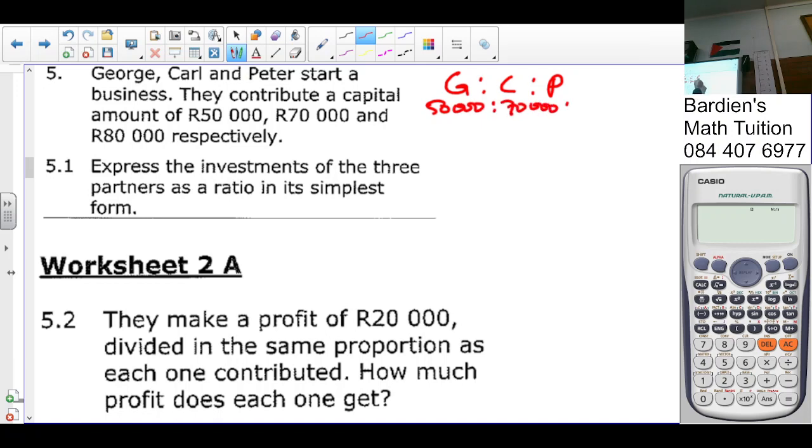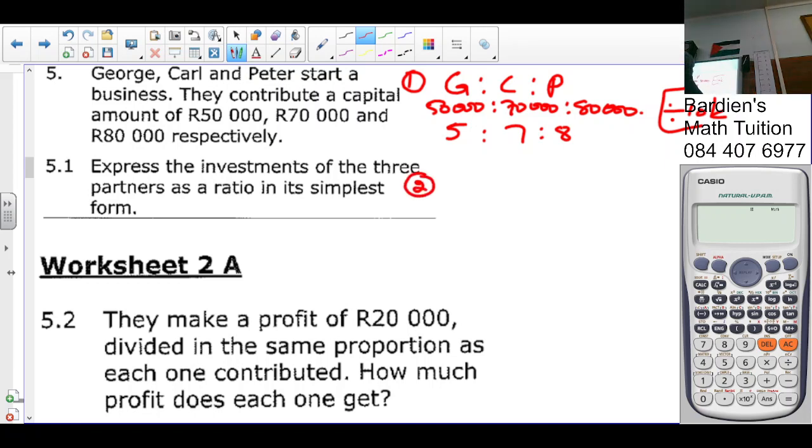Express the investments of the 3 partners as a ratio in the simplest form. So what do we do here? We can divide by 10,000. So it gives you 5, 7 and 8.